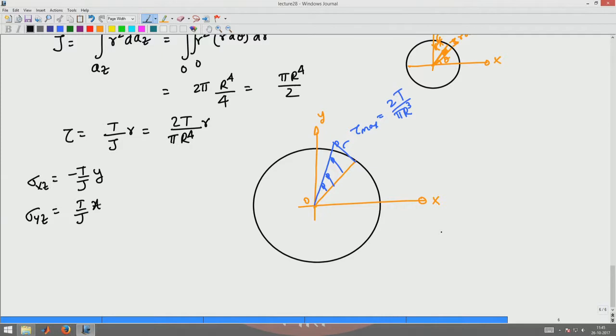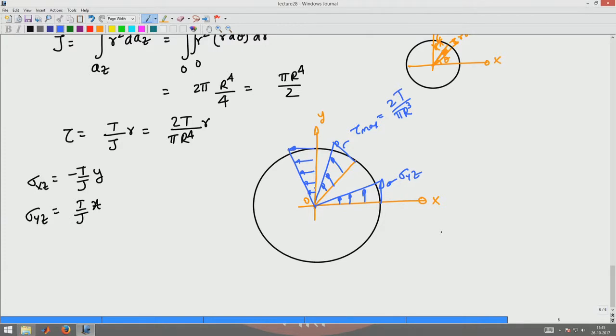Now in particular when y is 0, for example when I am on the x axis, there will be only sigma yz shear stress, and it varies linearly like that. And when I am on the x equal to 0 line, which is the y axis, I will have only sigma xz coming in, and the shear stress will vary linearly like this along that line.